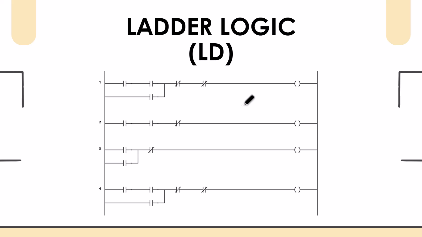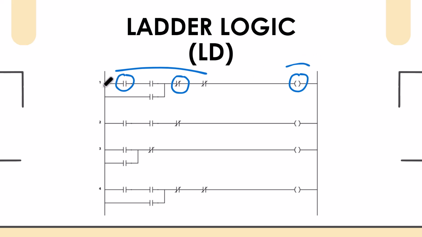If you look at this specific PLC code, which is written in the ladder logic language, these are the normally open contacts, these are normally closed contacts, and these are coils. These are for the monitoring of input signals, and these are for the control of output signals.